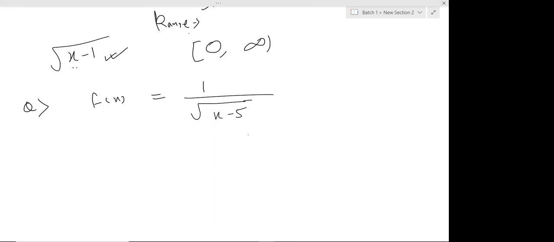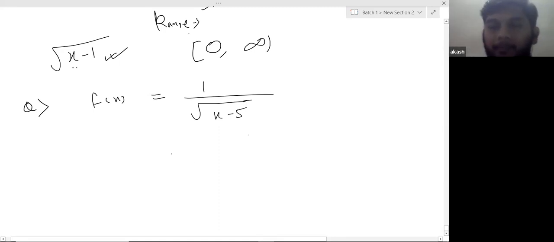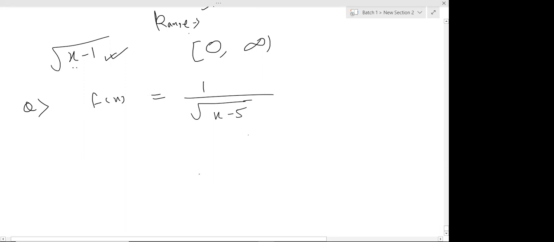I'm trying to find the range by squaring both sides, like 1 by x minus 5 is equal to y square. All right, then you can cross multiply.